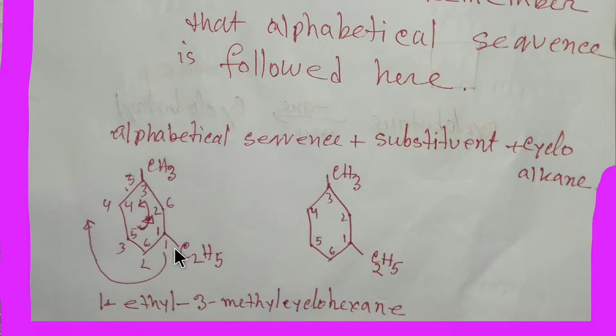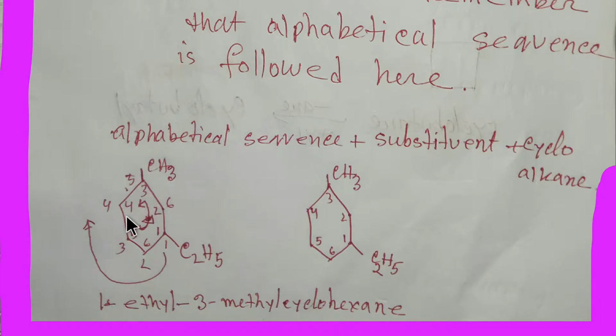If I number this compound clockwise, then I have to number 1, 2, 3, 4, 5, right? So if I number this compound clockwise, I get the position of methyl at carbon 5. And if I number anti-clockwise, then I get the position of the methyl group at carbon 3.